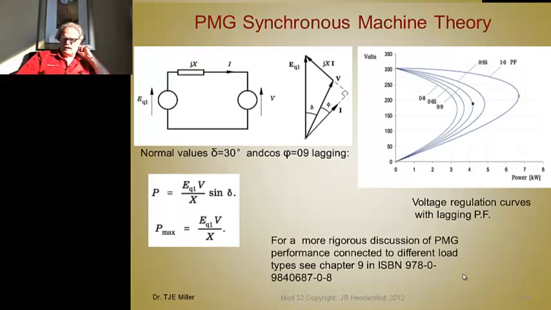Voltage regulation curves with lagging power factor would look something like this, and here's the power equation, the max and the rated power equation. For a more rigorous discussion of PM performance connected with different load types, see Chapter 9 in our book.